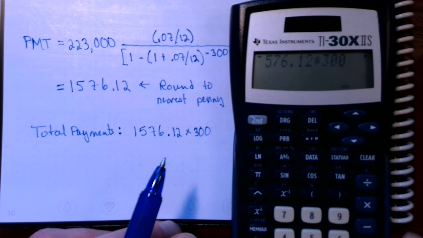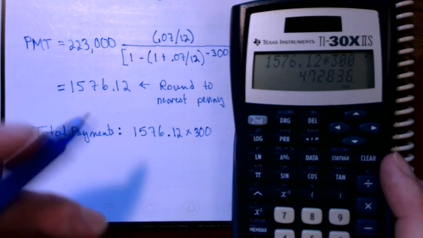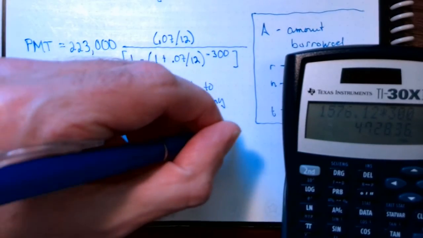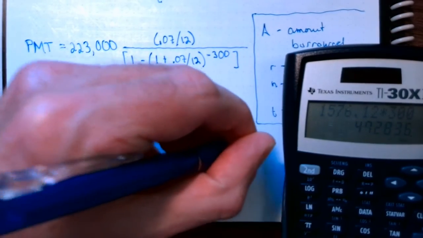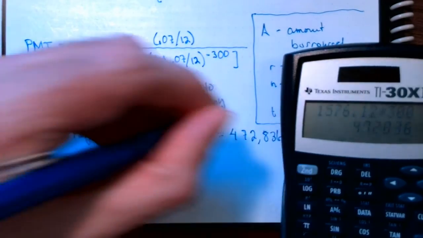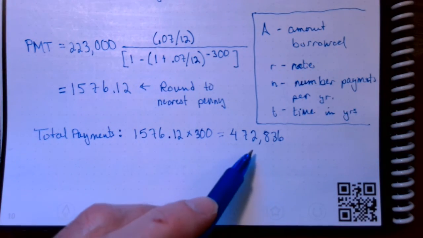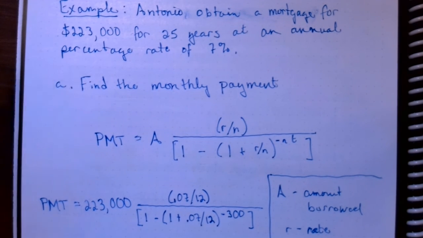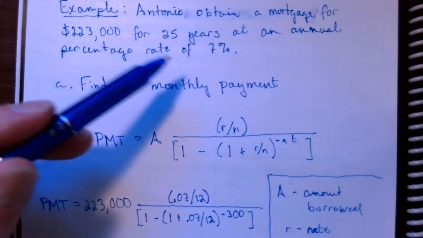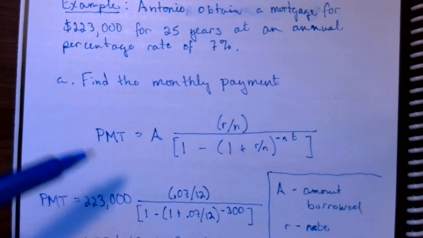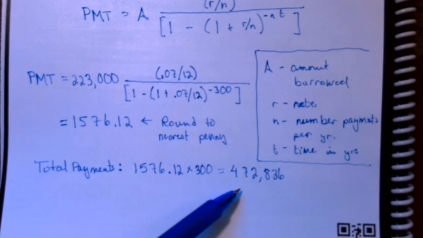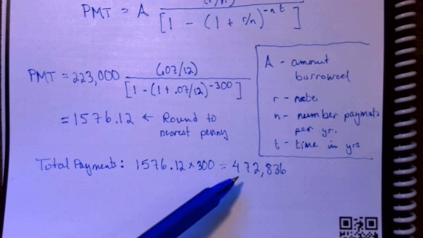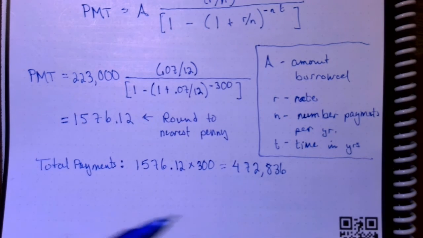So multiply like that, and you're going to need to pay $472,836 for this mortgage. Notice that the original amount was $223,000. So if you have a 25-year mortgage at 7% interest, and you take the whole 25 years to pay it off, you're going to pay more than double that mortgage amount.